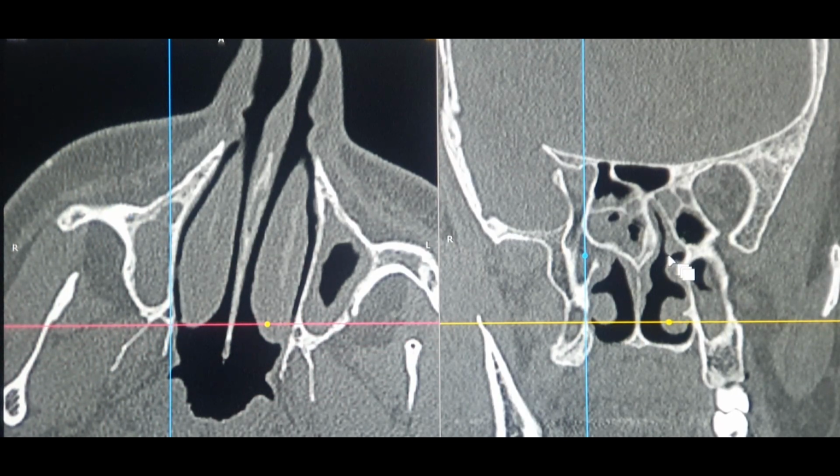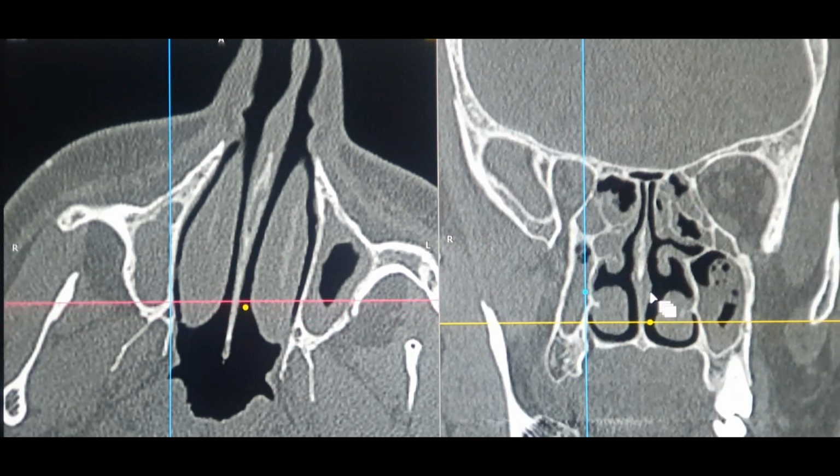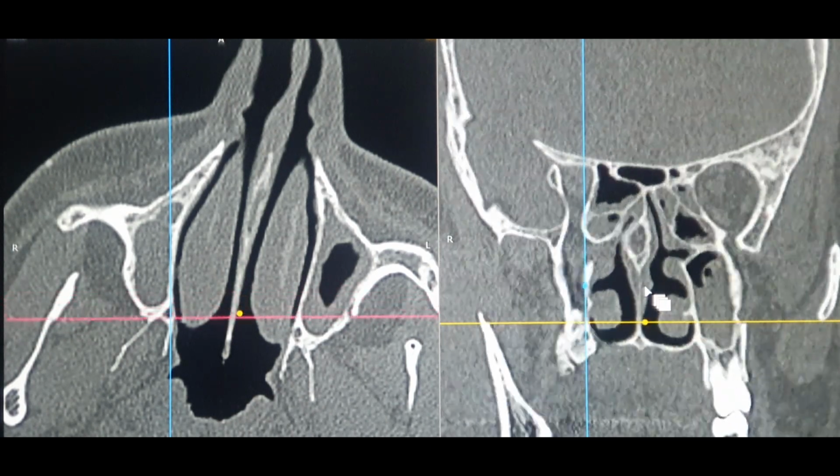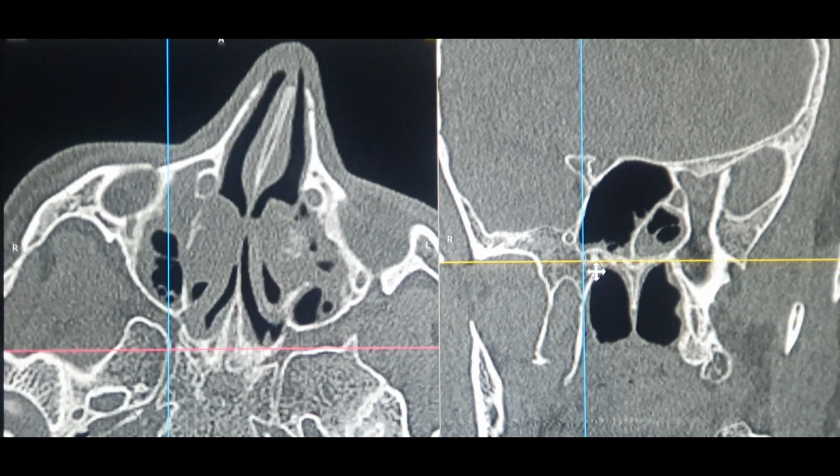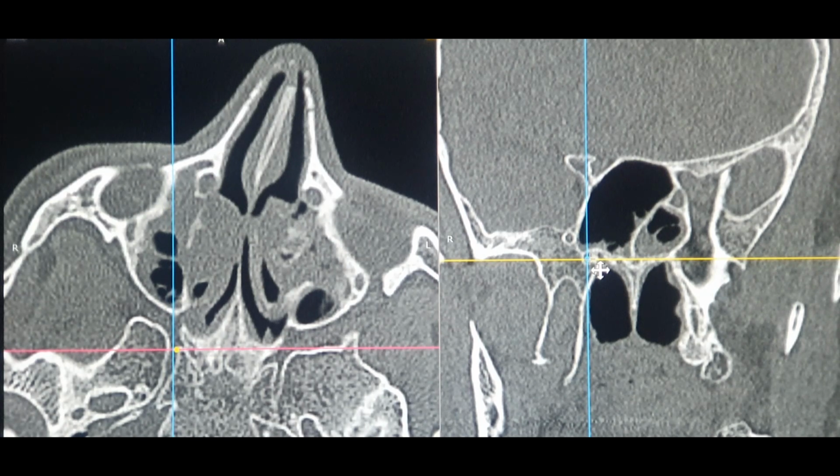The most important thing even more than this is the two canals: the Vidian canal and the foramen rotundum. As you can see over here, if you keep going behind at the floor of the sphenoid sinus, you can actually see that this is the Vidian canal. Now I always say this, Vidian is median.